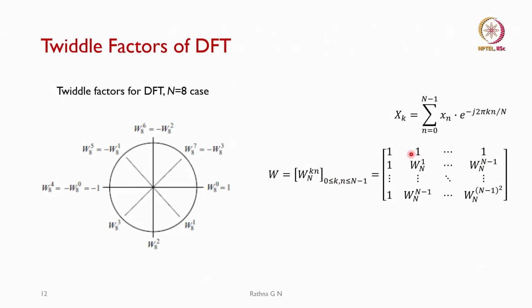All these coefficients: the first row is 1 and the first column is 1. After that we will have W n 1, and the last one in this row is W n to the power of n minus 1. So, that way you represent it. The last row you can see W n n minus 1, W n n minus 1 whole squared.